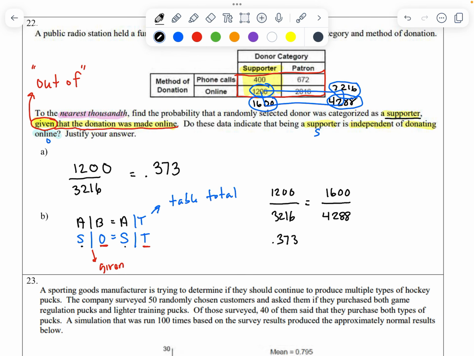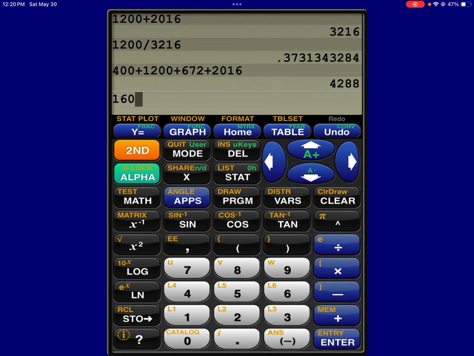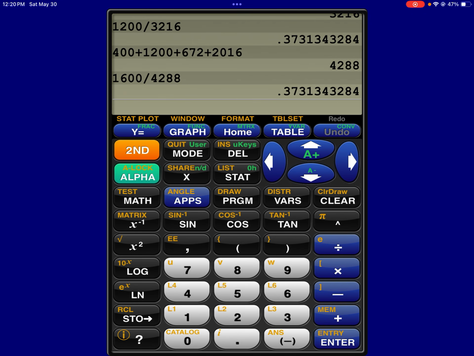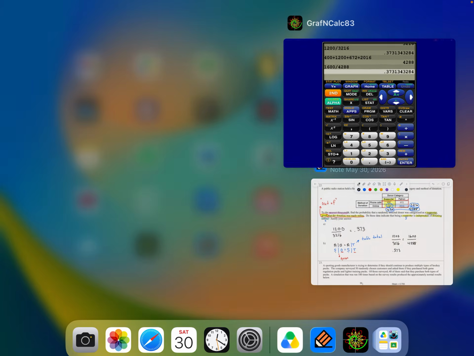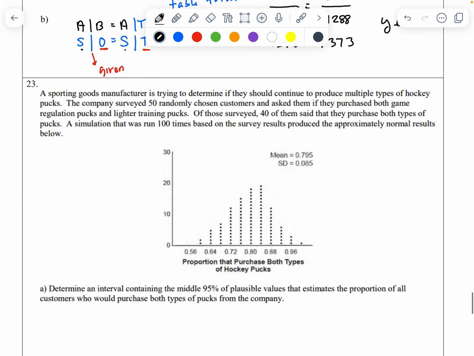The left side we already did. The right side is 1,600 divided by 4288. Ooh, look at that. You could tell that and that are exactly the same. So, are they independent? Yes. And there you have it.